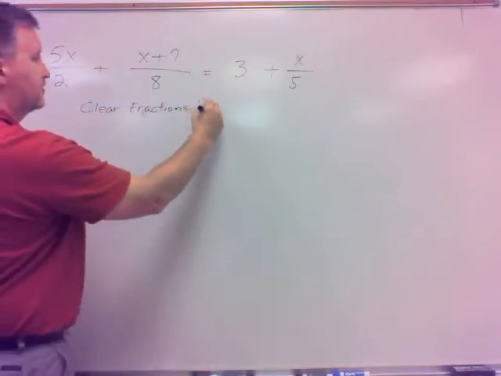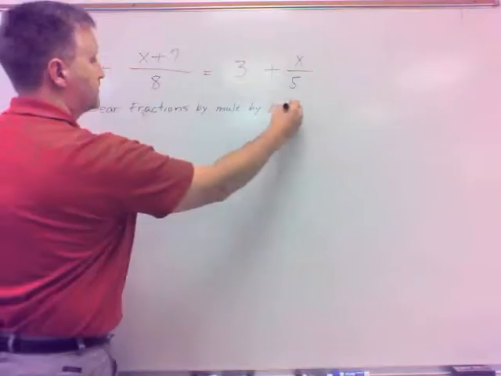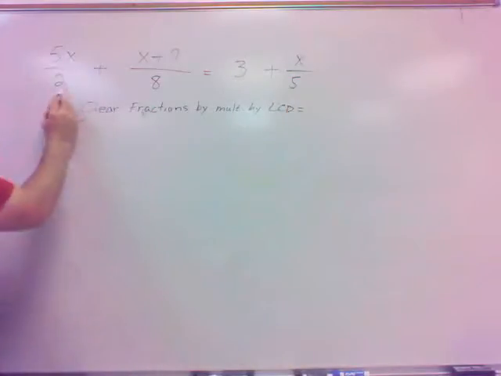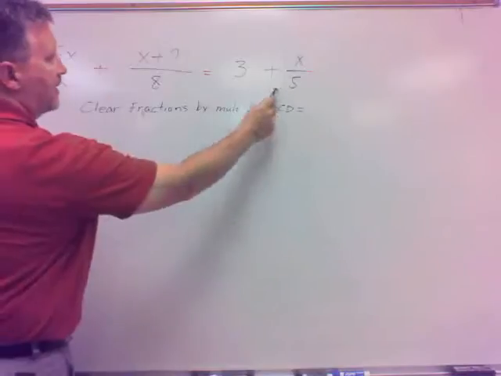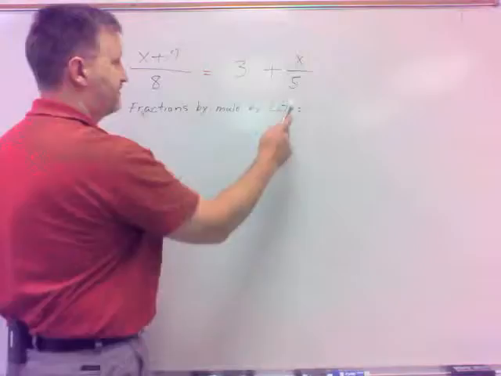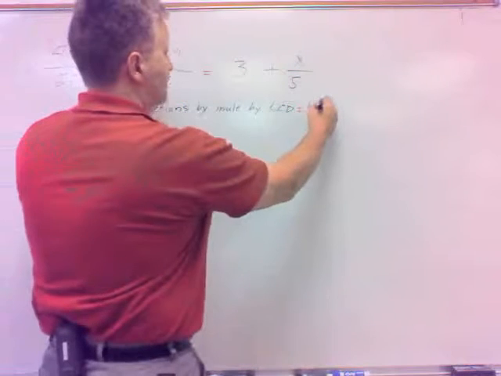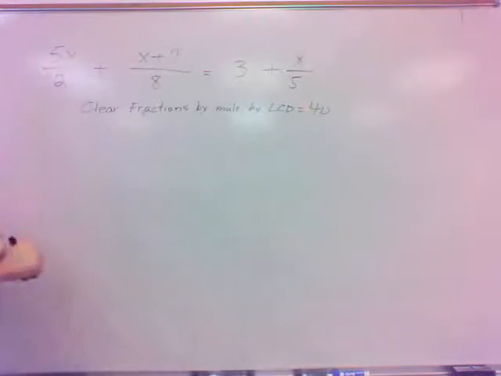LCD. So we clear fractions by multiplying by the LCD, which in this case, we've got 2, we've got 8. Now, that one has a denominator, but it's just 1, isn't it? And then 5. So out of all those, the least common denominator would be 40.